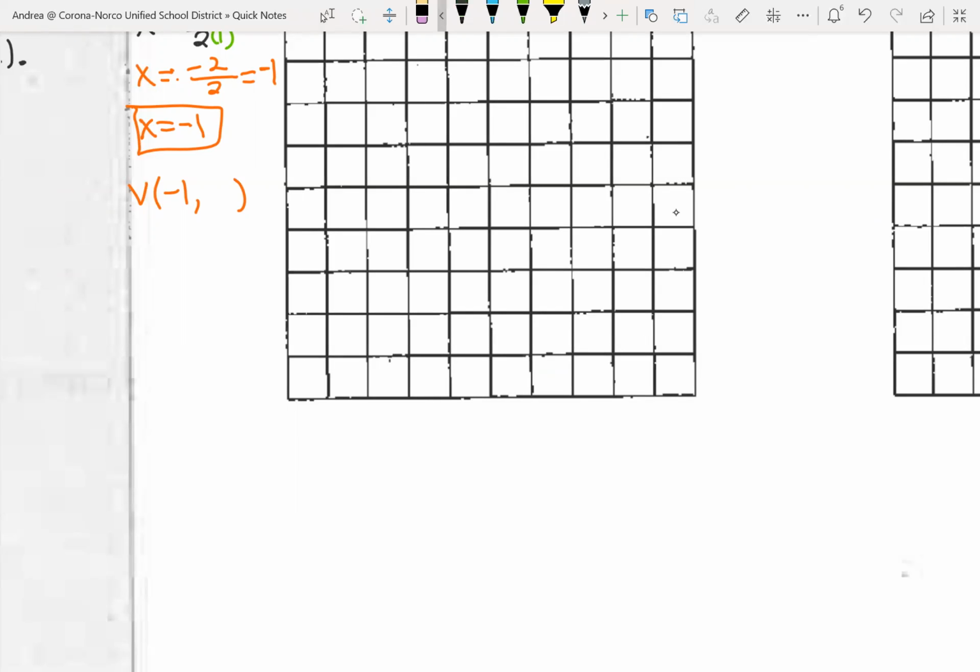So I'm going to have f of negative 1 equals negative 1 squared plus 2 times negative 1 and then plus 4.